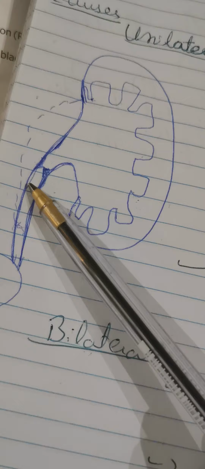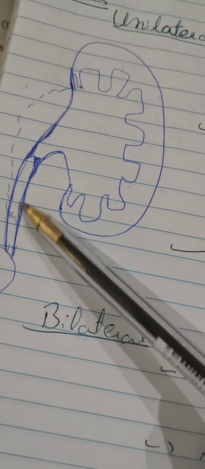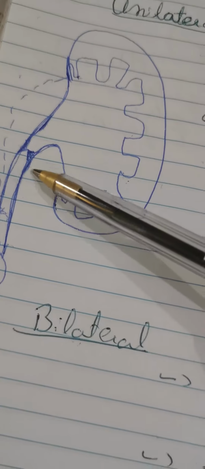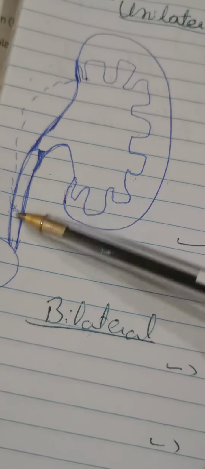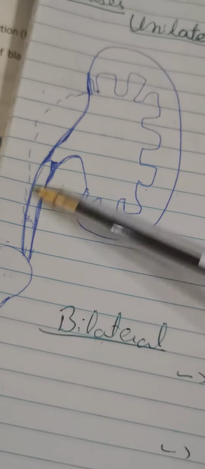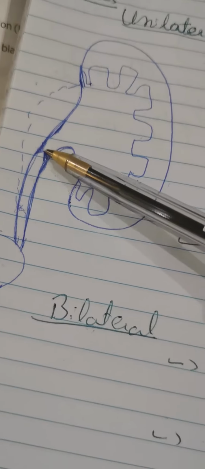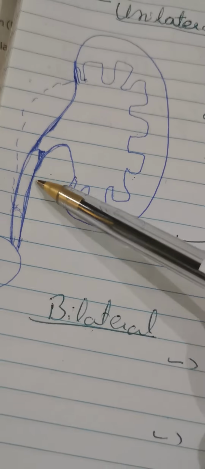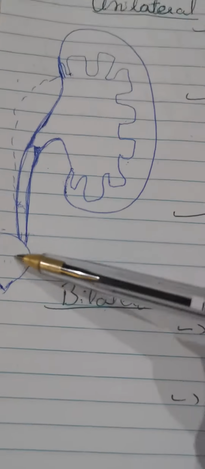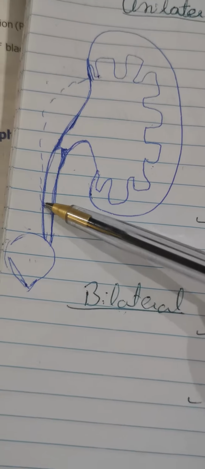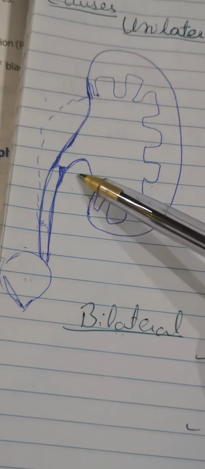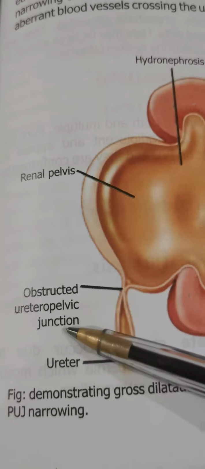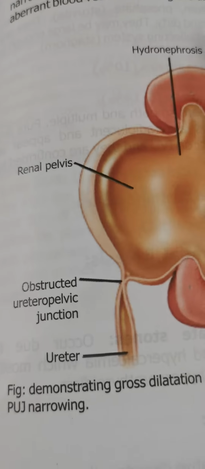Cause of intramural obstruction would be strictures or carcinoma of the bladder or ureter, or the obstruction of the ureteropelvic junction.